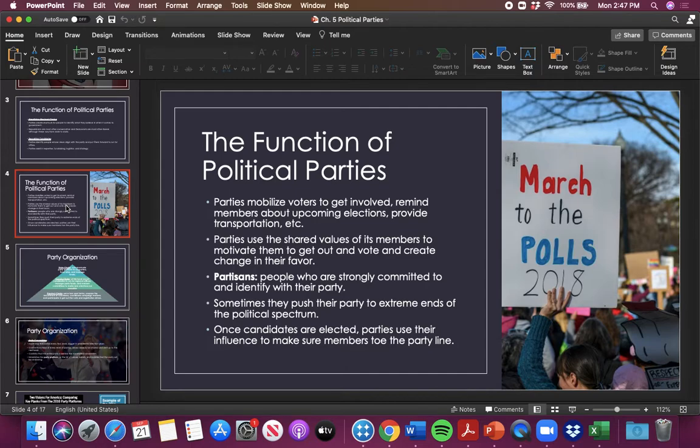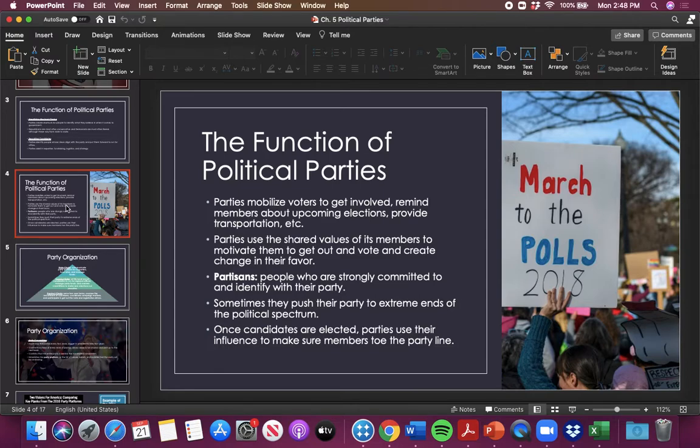And there's this concept, more of a psychological, sociological type, that people tend to be more motivated when they feel like they are part of a team. It's just human nature. And so the parties give us a team to align ourselves with.